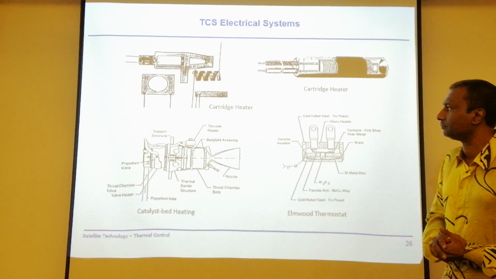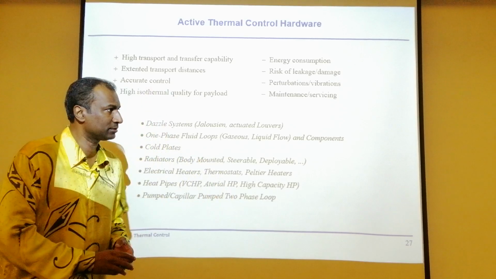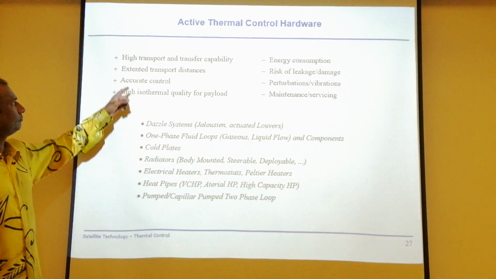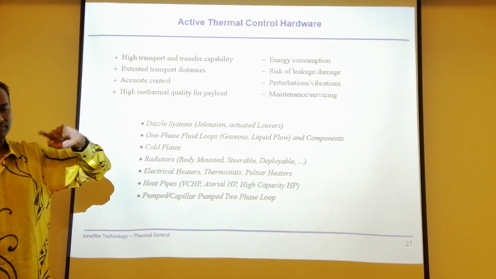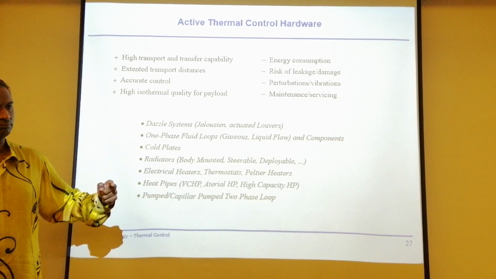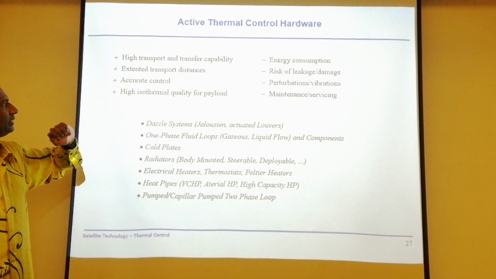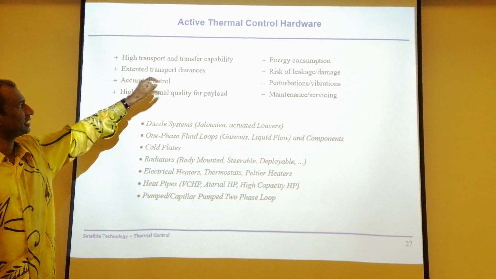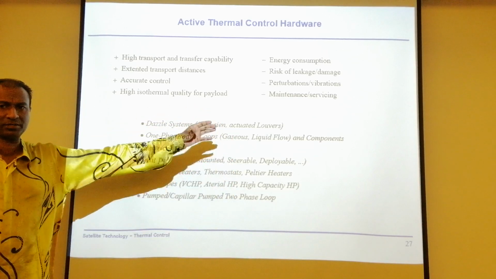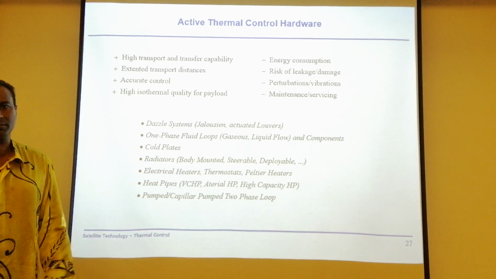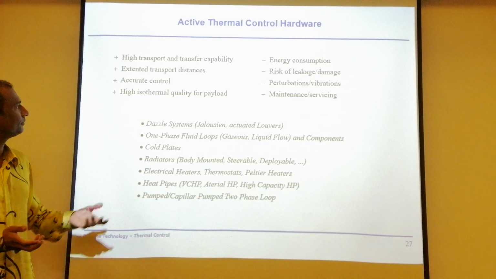Very good. Now, active. Why is active important? High transfer capacity. Fluid will keep on flowing. Then extended transport distance. If it's a very long distance, a huge spacecraft, a space station, definitely it is going to be active. You can't afford to do passive.